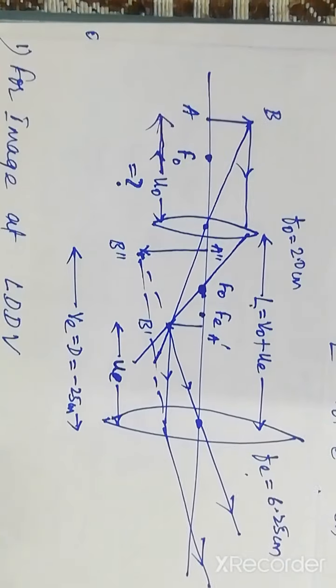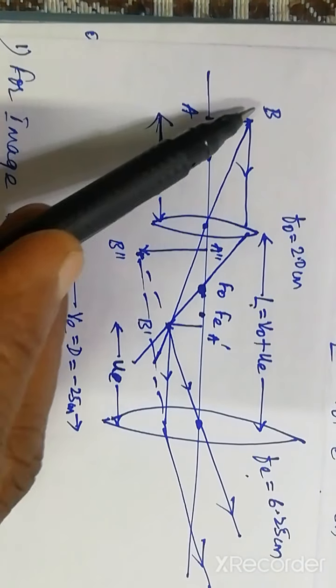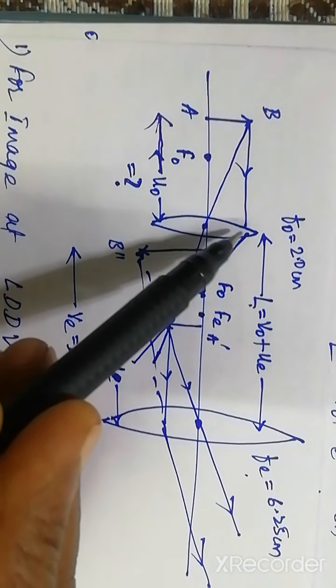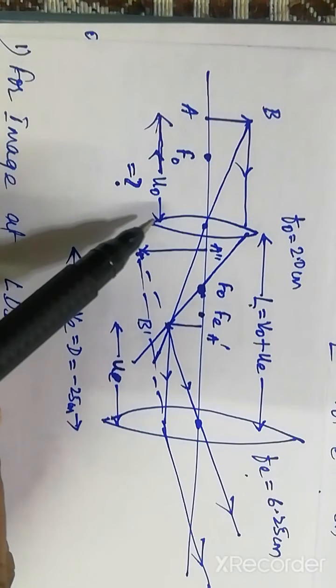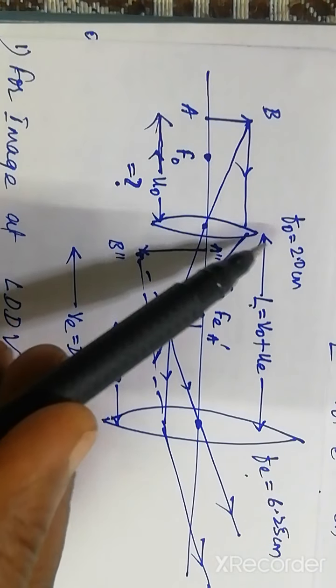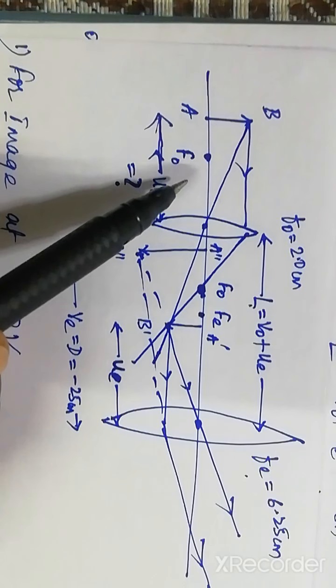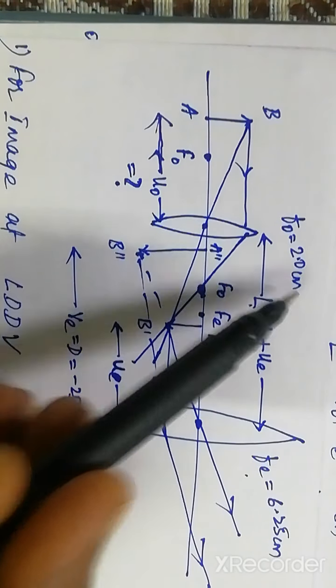So here refer to the diagram. AB is the object that is to be placed 2.5 centimeter in front of the objective lens of focal length 2 centimeter.